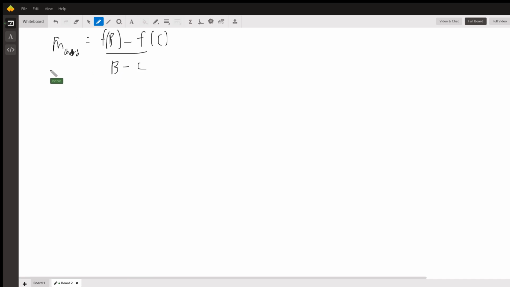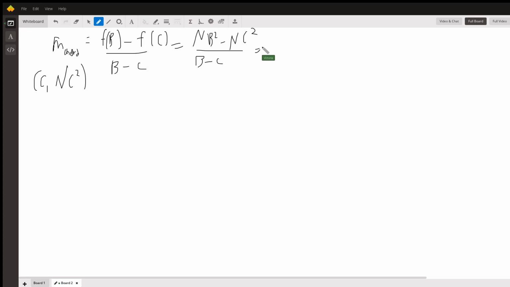And so let's use, say, the point C. So we're going to use this slope and the point C, nc squared, and this is going to become nb squared minus nc squared over b minus c.